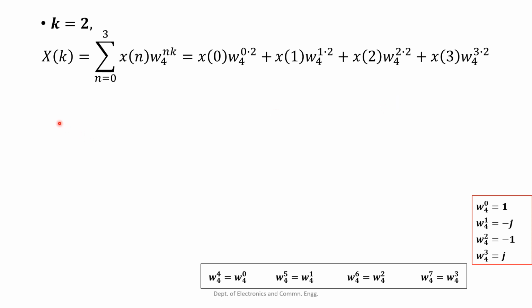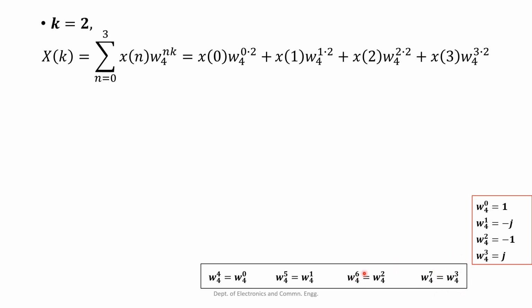Similarly, for k is equal to 3, we are going to get 1 plus j. Remember, here also you need to identify 3 into 2, omega 4 power 6, and here 3 into 3, omega 4 power 9 it is going to have. For 9 I have not represented over here, you need to continue this.